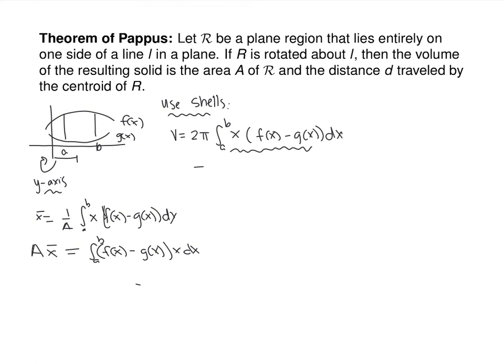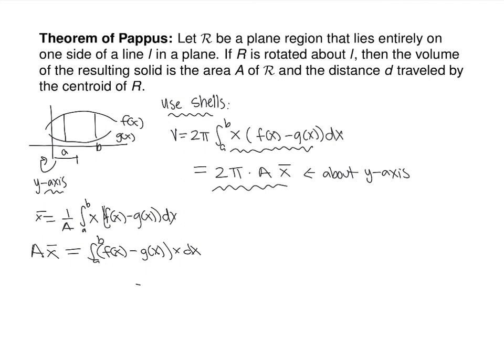So this tells you you can have 2 pi times the area times x bar. And this is particularly useful if the area of your region is easy to find. Like suppose you have a circle and you know it's a circle, and the centroid could also be very, very easy to find.